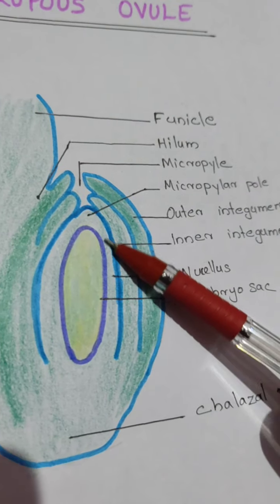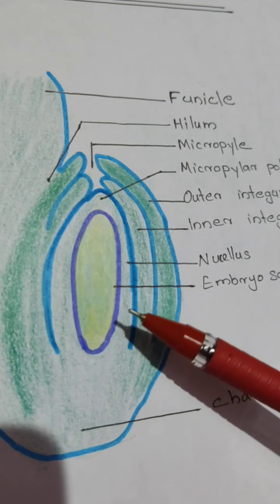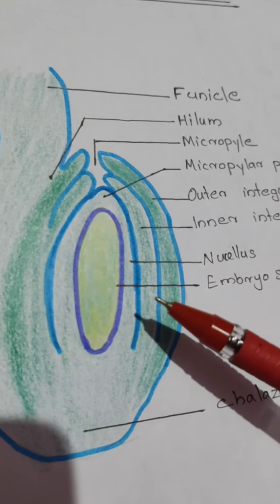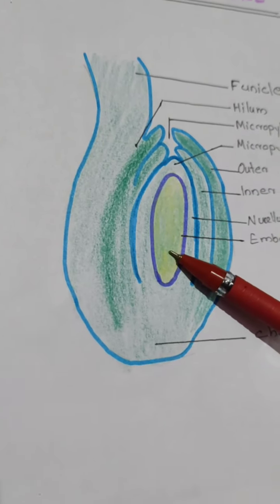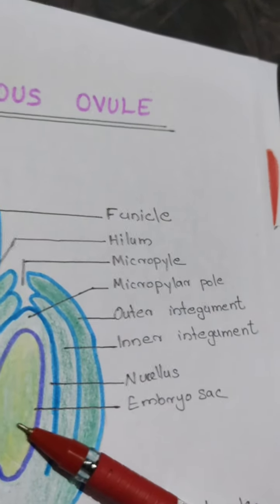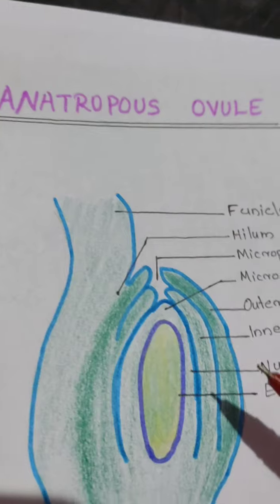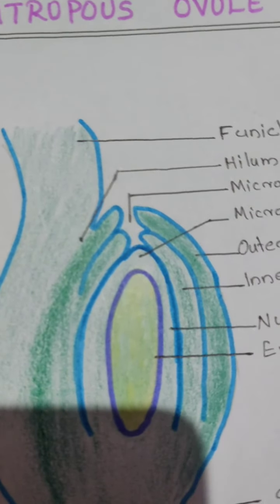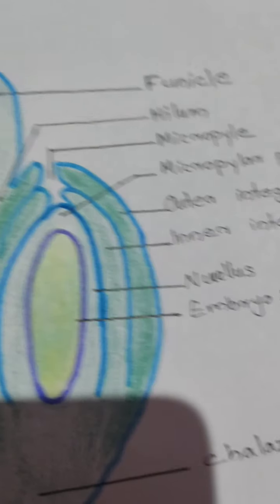The embryo sac, or female gametophyte, is seen inside the nucellus. An ovule generally has a single embryo sac formed from a megaspore.